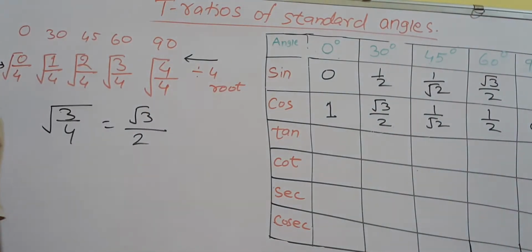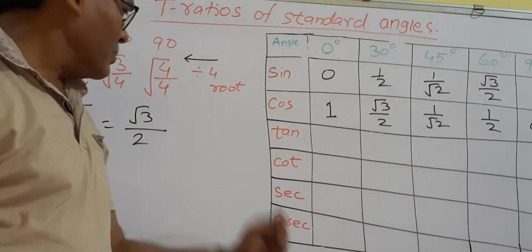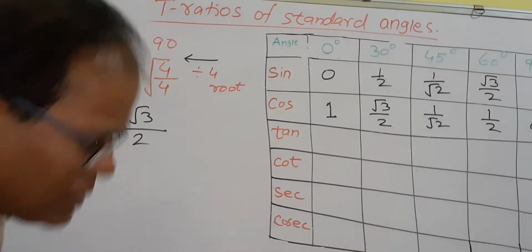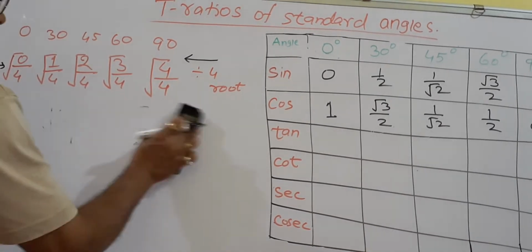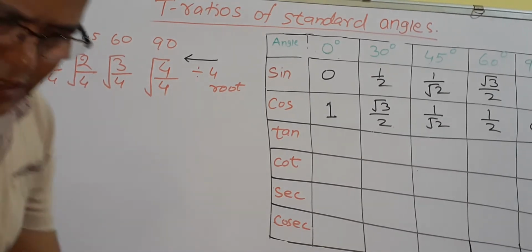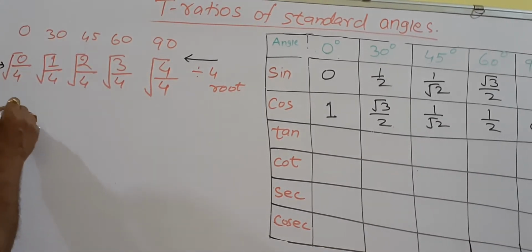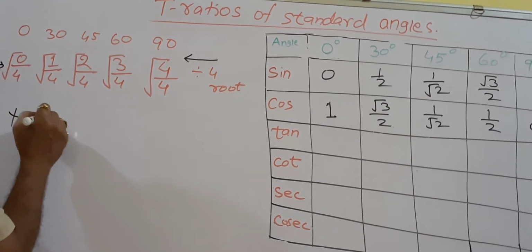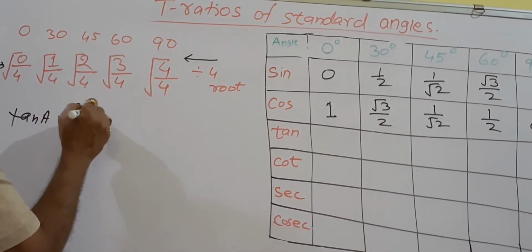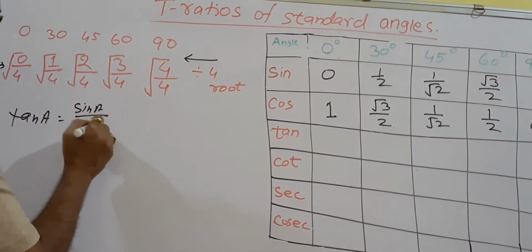Sine and cos are completed. Now the tan value. How to find the tan value? As you know, tan theta is equal to sine theta by cos theta. Tan A is equal to sine A by cos A.